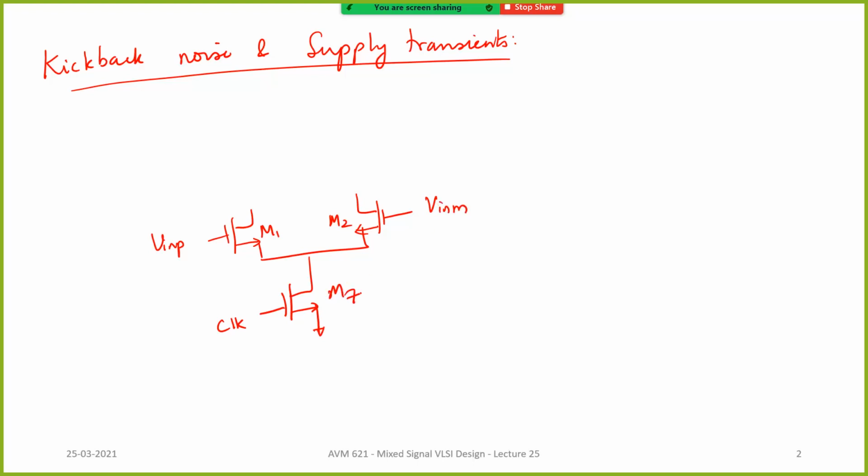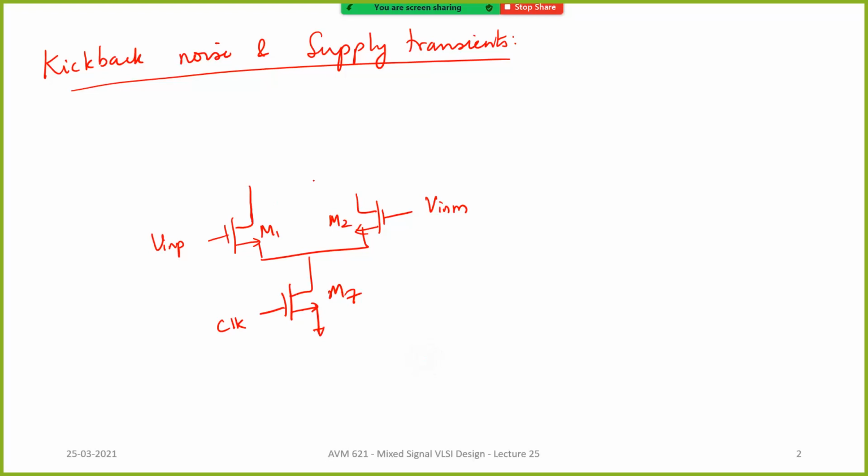This is the input section of your strong arm latch. Kickback noise is the noise which happens when your clock transitions up or down, and also when the latch resolves to either VDD or ground.